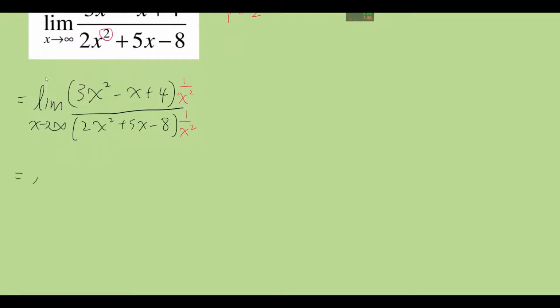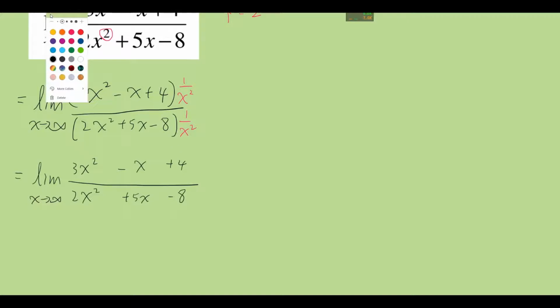So we have the limit as x approaches infinity of 3x squared minus x plus 4 over 2x squared plus 5x minus 8, and I'm going to distribute the 1 over x squared into the numerator and denominator.